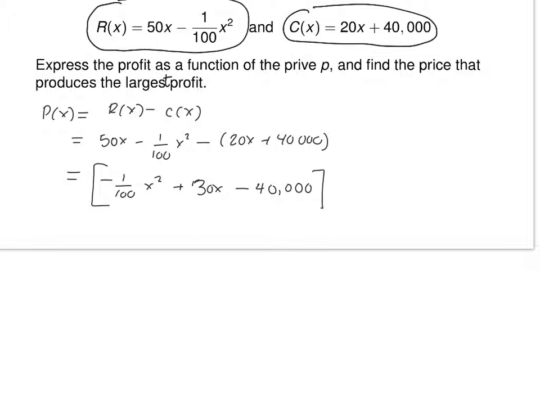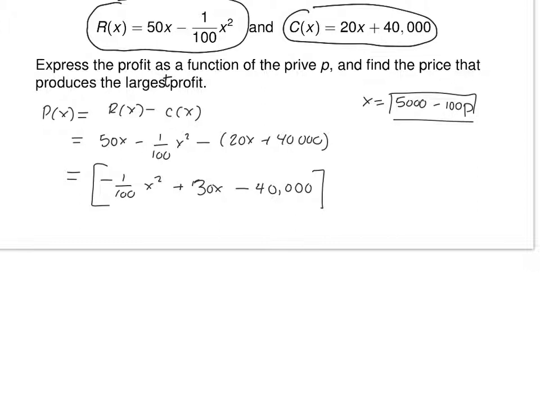What this textbook wants you to do, you know that x equals 5,000 minus 100p. Does that make sense? They want you to express this profit as a function of the price, which means they want you to take this thing and stick it in for all the x's.